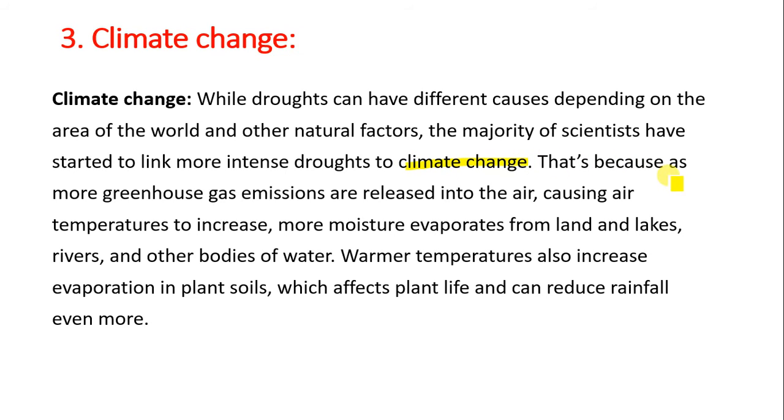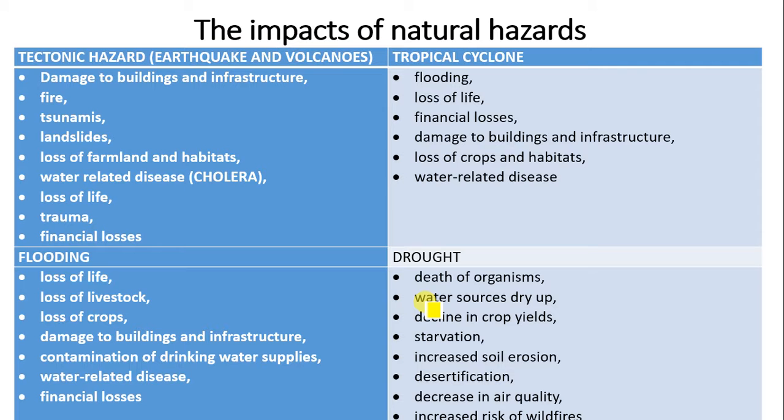That's because as more greenhouse gas emissions are released into the air, causing air temperature to rise due to global warming, more moisture evaporates from land, lakes, rivers and other bodies of water. So warmer temperature also increases evaporation in plant soil, which affects plant life and can reduce rainfall even more, therefore leading to the impact of drought or excessive drought.